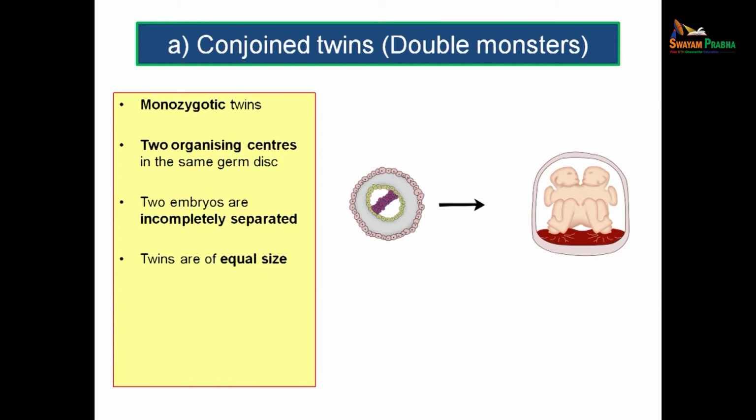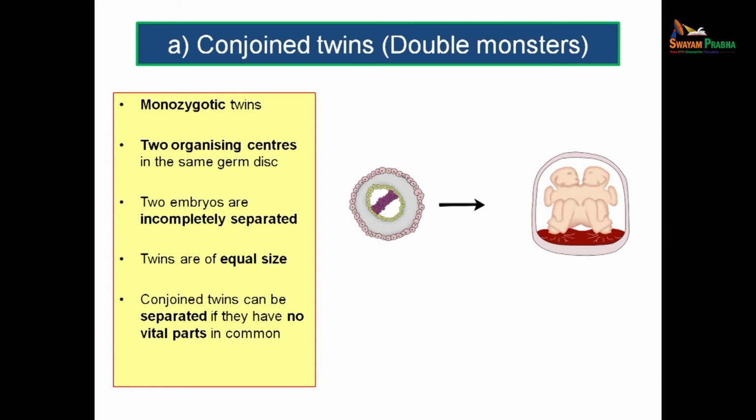If they are incompletely separated, they will be still having equal size, but based on the separation, at which point they are getting separated, we have different patterns. So, they can be separated if they have no vital parts shared among these two fetuses.